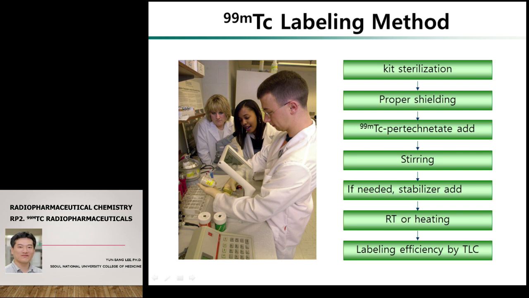We can find the labeled one, free technetium, or the colloid in just one TLC. But I know that in the morning, in our case, more than 6 different radiopharmaceuticals should be prepared in 1.5 hours. So only one person can do it. He could not do all 6 TLCs at one time.